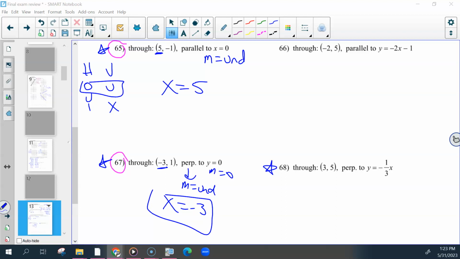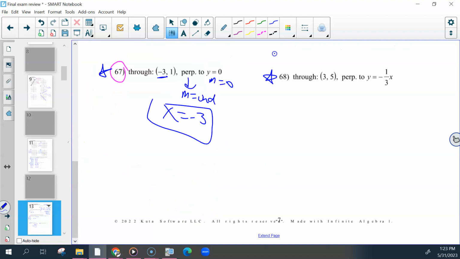For 68, you'll need your point slope again. And we first need to figure out what our perpendicular slope would be. We take that number and flip it and make it positive. 3, not negative, just positive.